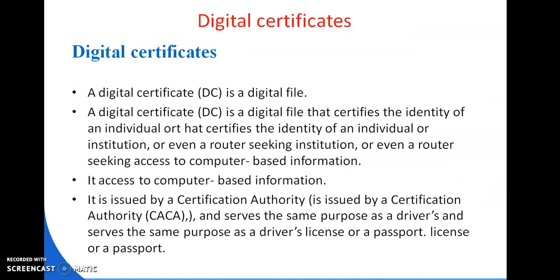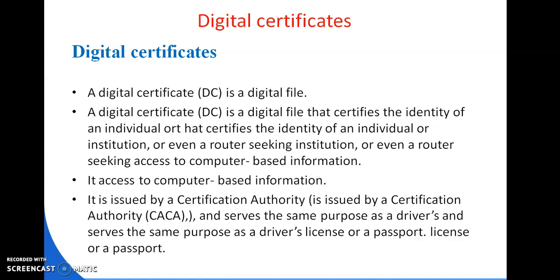It contains all the details of the certificate holder, and these certificates also come in classes, class 1, 2, 3, 4. These certificates contain the profile of the holder and also the profile of the organization where the holder is working.